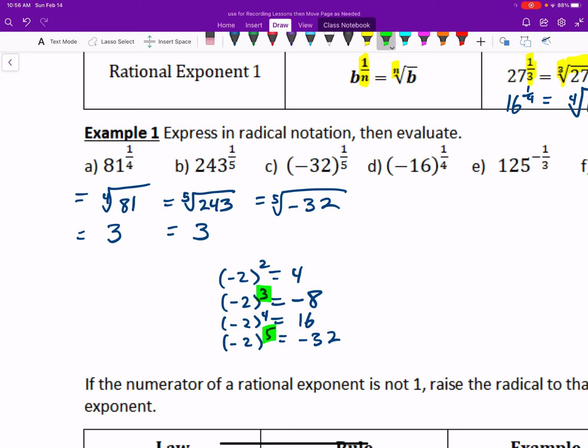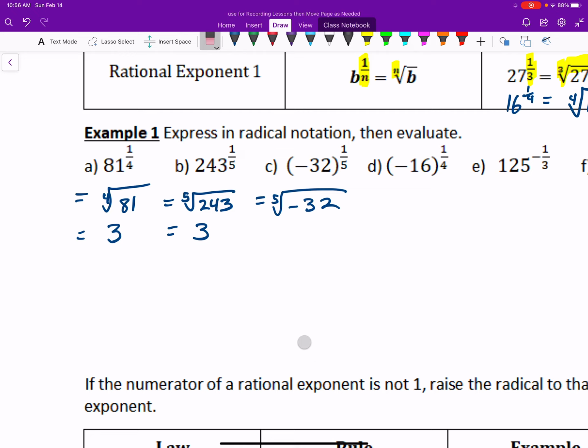If I work backwards, that means I can take odd roots of negative numbers and still get an acceptable answer. As you can see, negative 2 to the 5 equals negative 32. That tells me that my answer to part C needs to be negative 2.